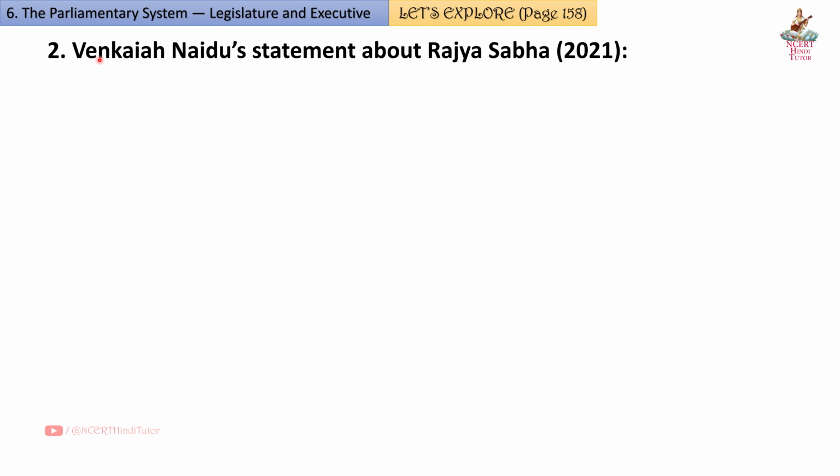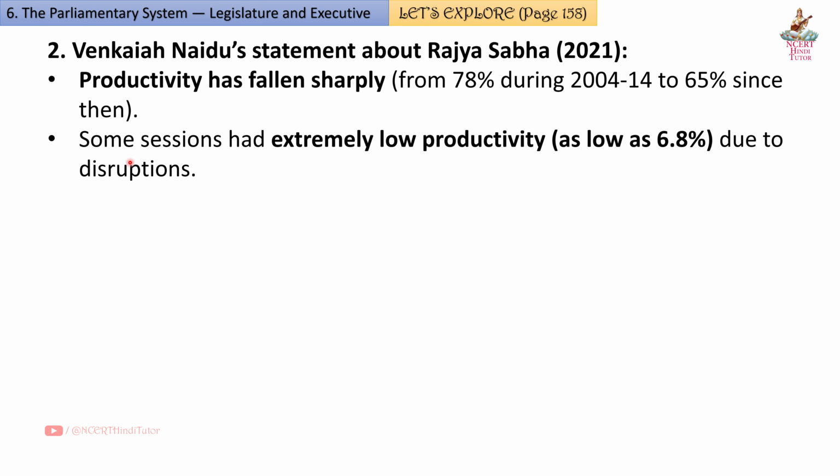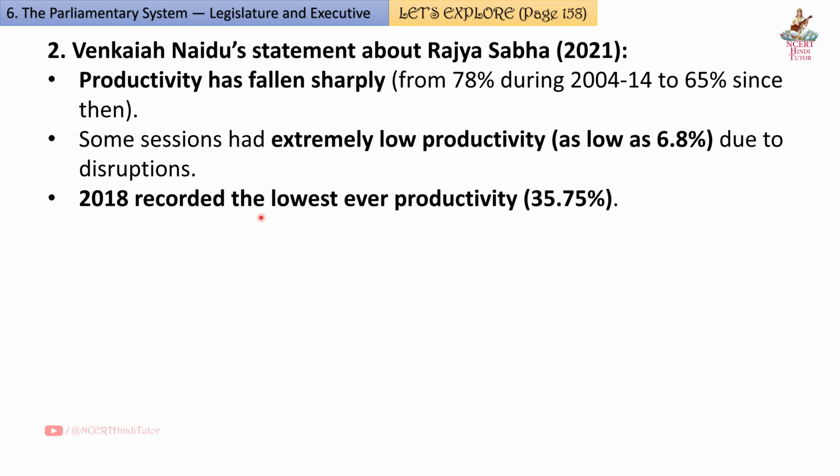Answer: Venkaiah Naidu's statement about Rajya Sabha in 2021 shows productivity has fallen sharply from 78% during 2004 to 14, to 65% since then. Some sessions had extremely low productivity, as low as 6.8% due to disruptions. 2018 recorded the lowest ever productivity, 35.75%.